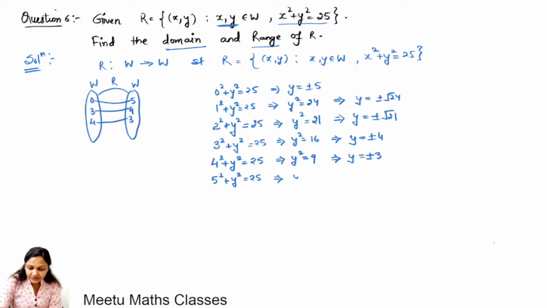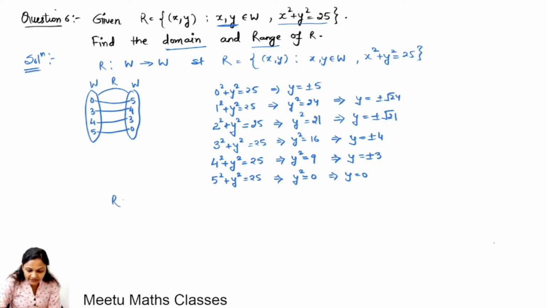And in this case y square is equal to 0, so y is equal to 0. So 5 is related to 0. And if we take 6, so y square will be coming negative, which is not possible. So these are the ordered pairs in this relation.